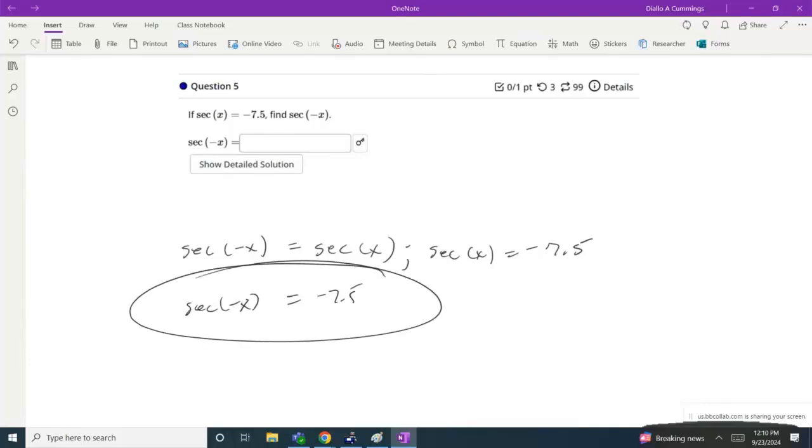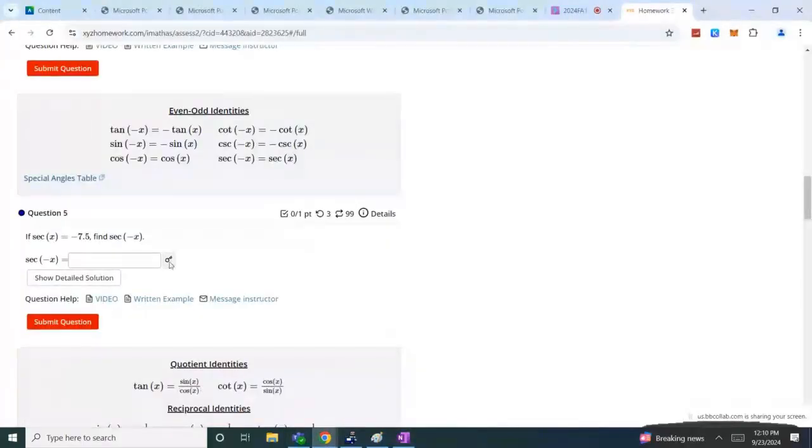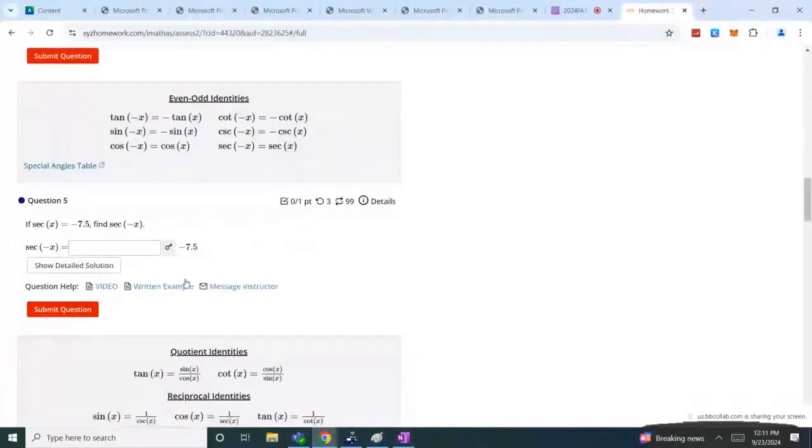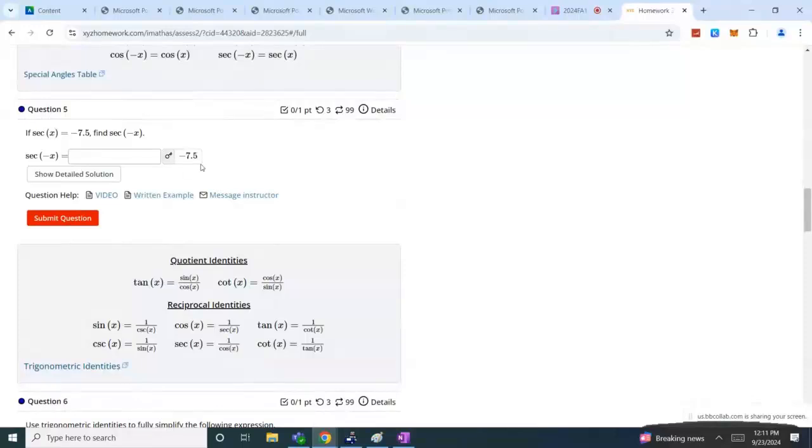And that should equal the secant of negative x. It should be negative 7.5. So if we take a look at that last one, you should have negative 7.5.